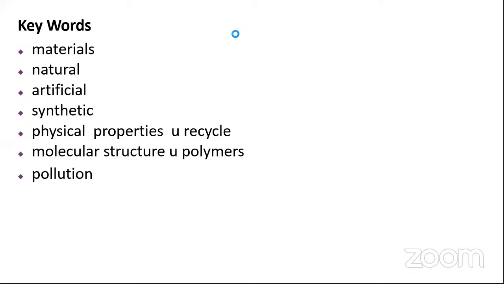We can get Chirabo Elizabeth. Physical properties are materials that shatter easily. Thank you. So that is according to her.